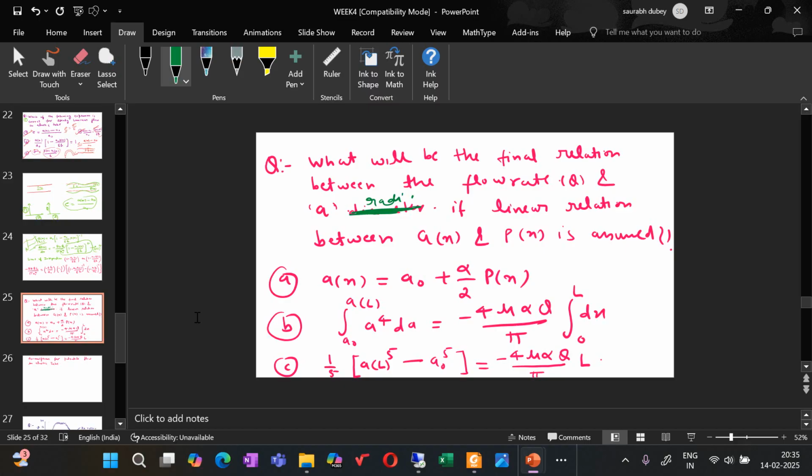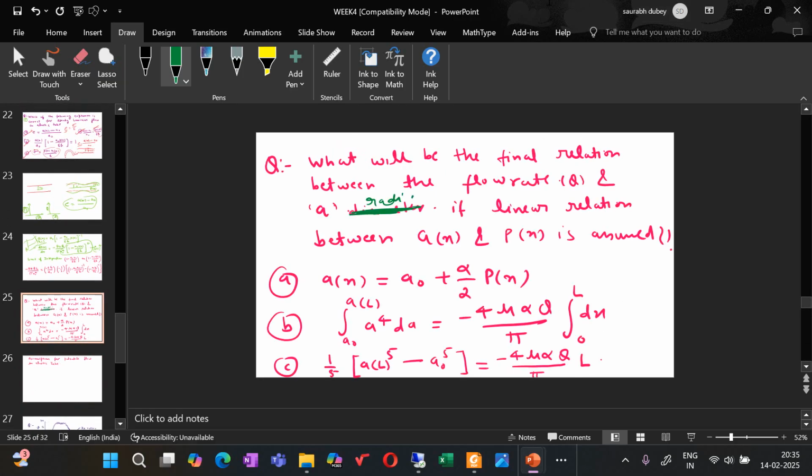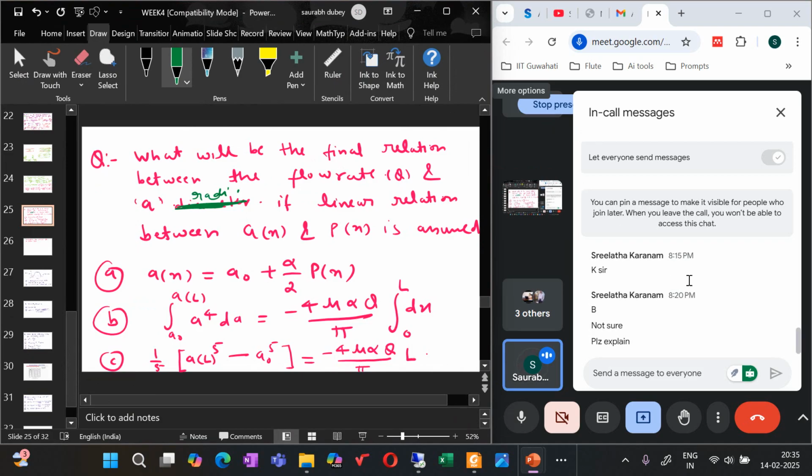So look at this. Anyone please attempt, then I will solve it. Maybe you will not be correct, but when you try, you will know that you got this question wrong.